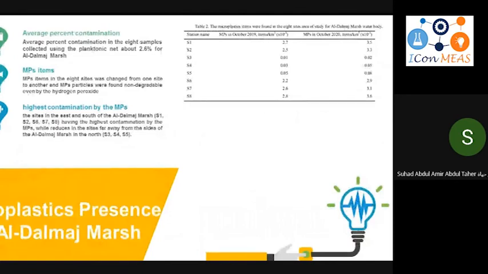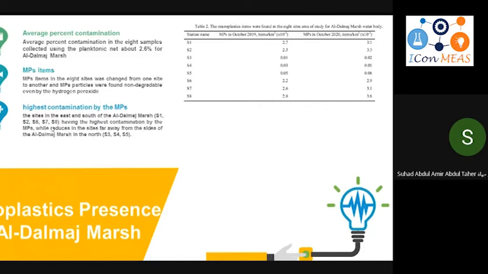Microplastic presence in Dalmaj marsh: the average percent contamination in the 8 samples collected using the planktonic net was about 2.6% for Dalmaj marsh. Microplastic items in the 8 sites changed from one size to another, and microplastic particles were found non-degradable even by hydrogen peroxide.